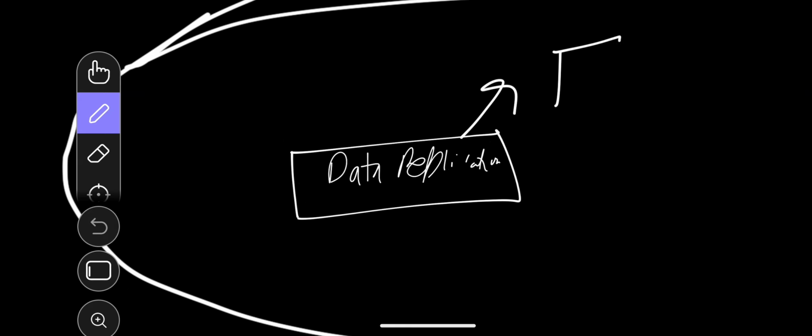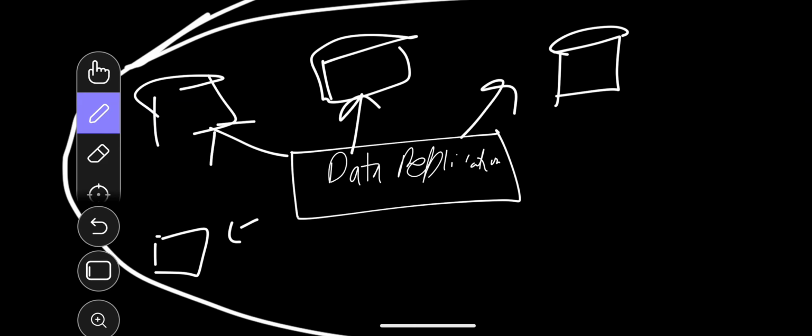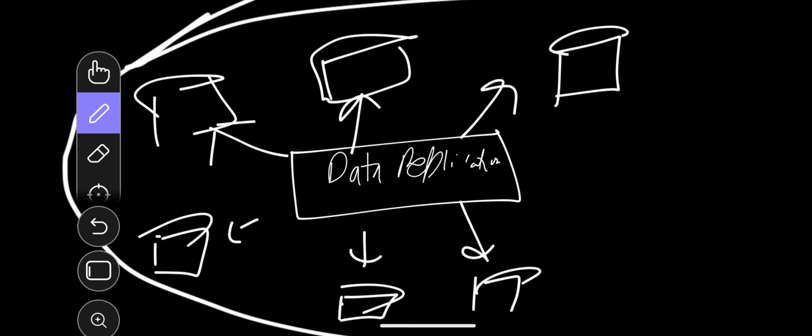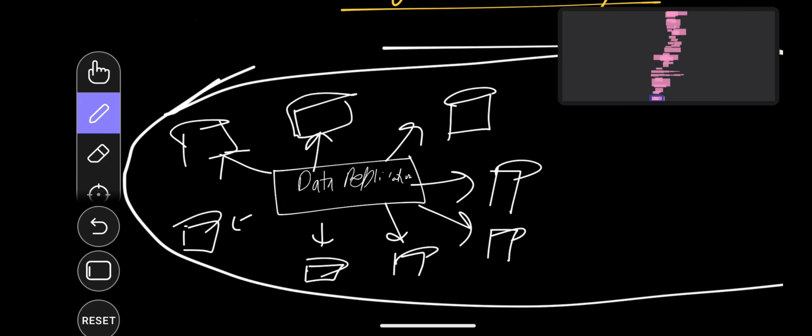Let's say you have one here, then one here, then one here, and similarly you have multiple blob storages here. I will just draw a few more and let it go. Cool, these are all the blob storages, right?